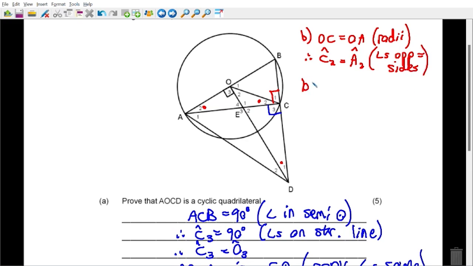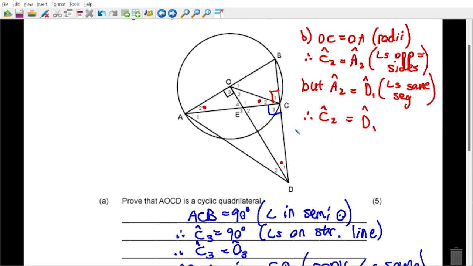But A2 equals D1. Right, and the reason A2 equals D1 is that they are angles in the same segment in the cyclic quad. And because C2 equals A2 and A2 equals D1, therefore C2 equals D1.